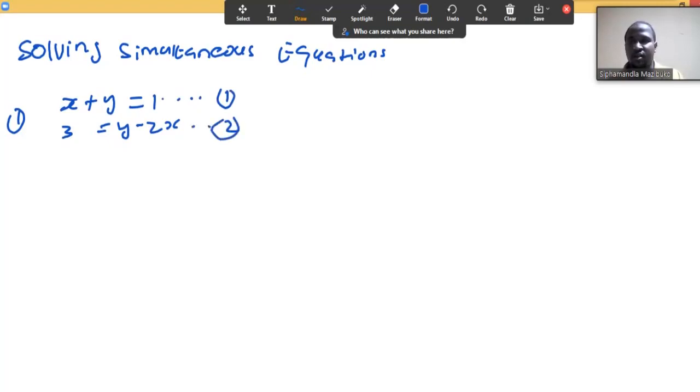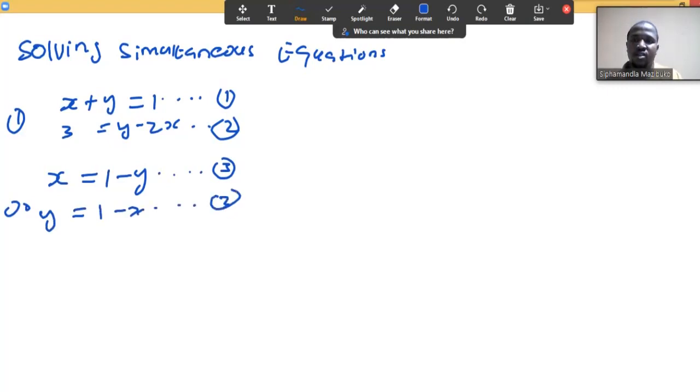From equation 1, we can say x is equal to 1 minus y, and we can call this our equation 3. Or we can say y is equal to 1 minus x and call this our equation 3. You don't have to do both, you just choose one.